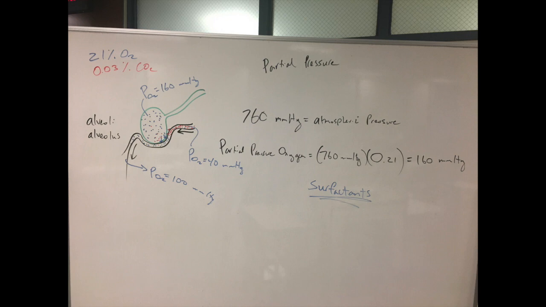So the partial pressure of oxygen is equal to 760, that's the total pressure, multiplied by 0.21, which is 21%, and that's about 160.